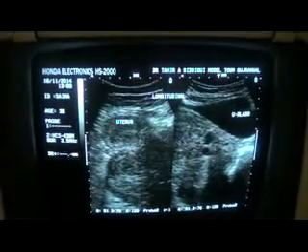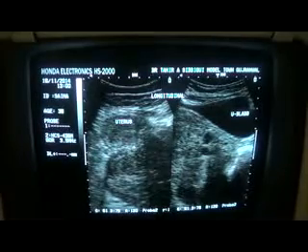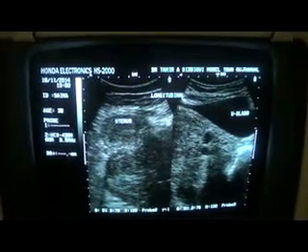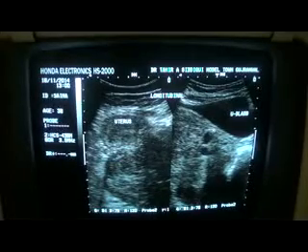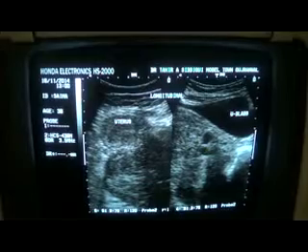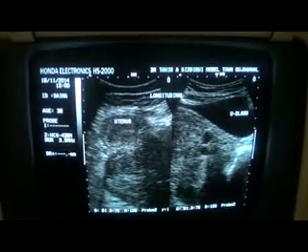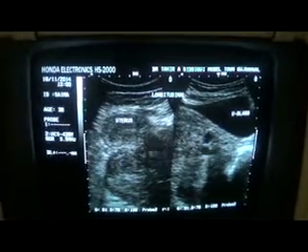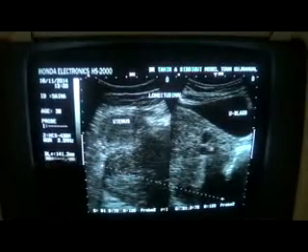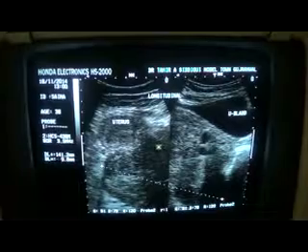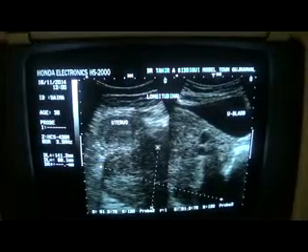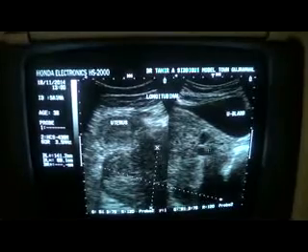This is the posterior myometrium, anterior myometrium. This is the anterior lower segment anterior myometrium. This is the cervix. This area is representative of the cervix. This is the vagina, and you see that there is a large fibroid extending posterior-inferiorly from the posterior wall of the uterus, and not only that, it involves the posterior lip of the cervix as well.